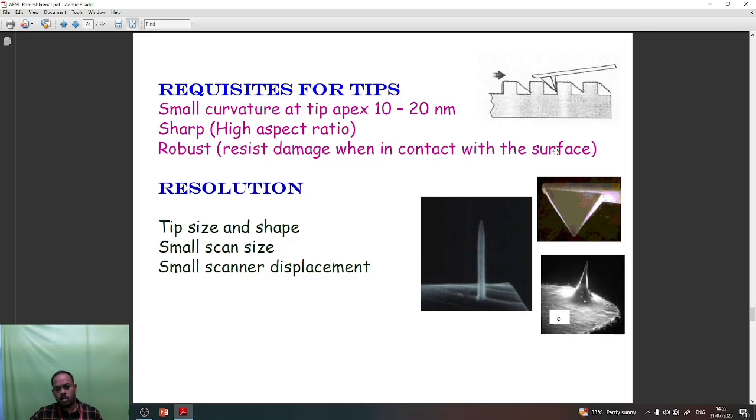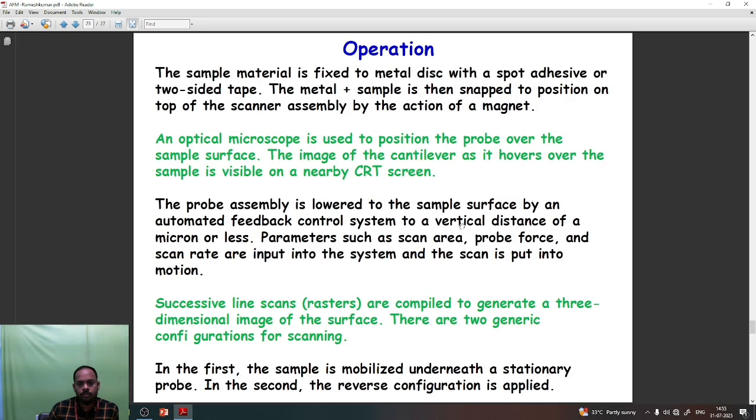It should not get damaged when the tip is in contact with the sample surface. So these are the requisites for cantilever tips. And resolution is based on the tip size and shape, small scan size and small scanner displacement.